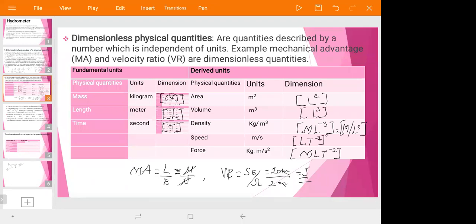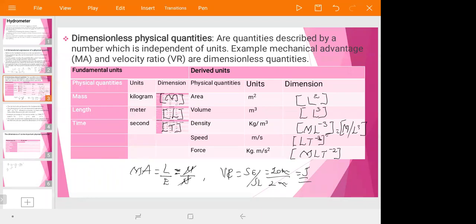The difference between the dimension of acceleration and the dimension of speed or velocity: for acceleration, the dimension is L T minus 2, whereas the dimension of speed is L T minus 1.